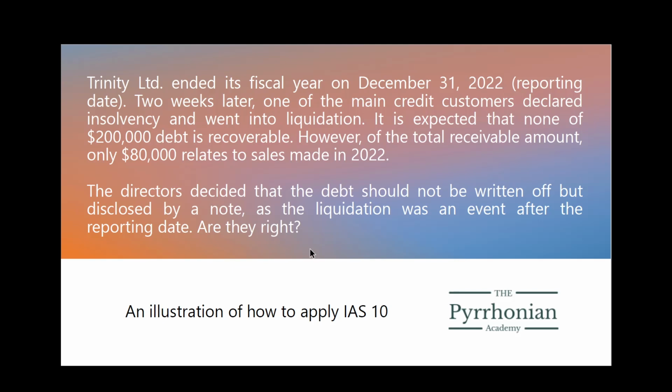So the conditions that indicated that this customer had significant financial problems probably were visible at the reporting date, at the end of 2022. This information provides evidence that conditions that existed at the reporting date indicated that this $80,000 of credit sales will not be recoverable.